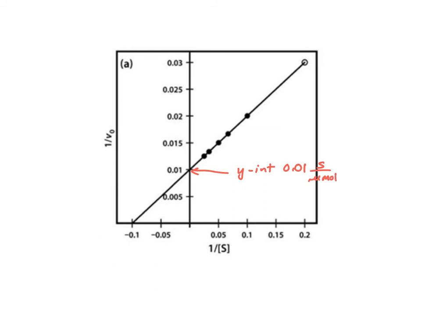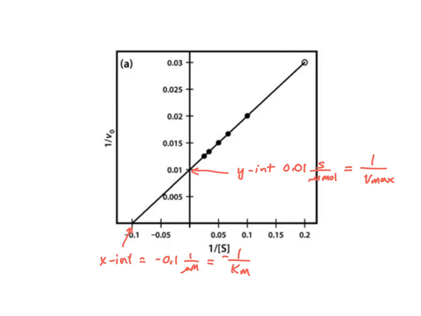Those are the units I told you. And that is equal to 1 over Vmax. The x-intercept down here is equal to negative 0.1 inverse micromolar. Strange, but that's what it is. And that is equal to negative 1 over Km.